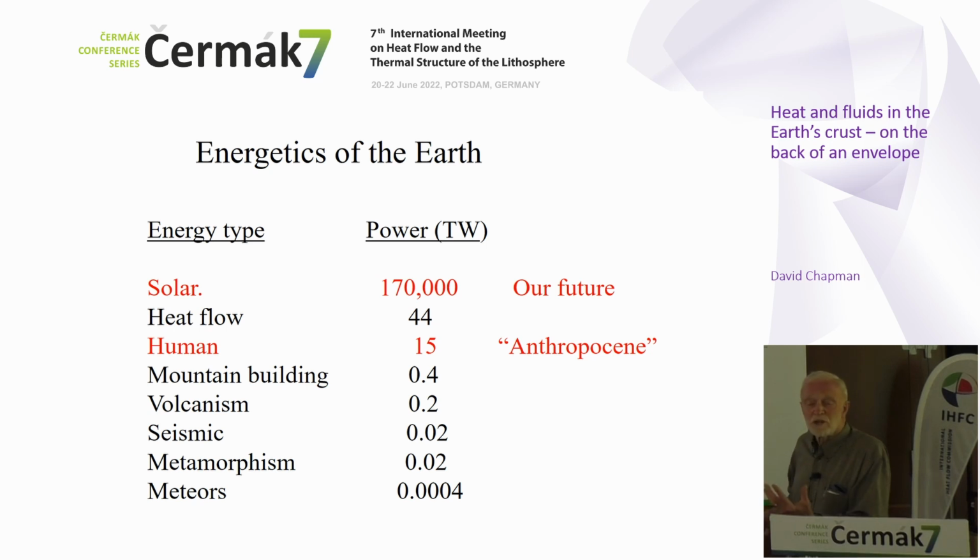It was introduced because we're now changing the atmospheric temperature, the atmospheric chemistry, the oceanic chemistry. So here's another way in which we're competing with geological processes as an agent of geological change. And the fact that solar is so much more means that our future, not in every case, is going to be tied to solar.